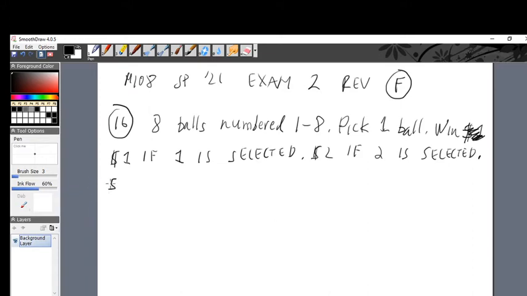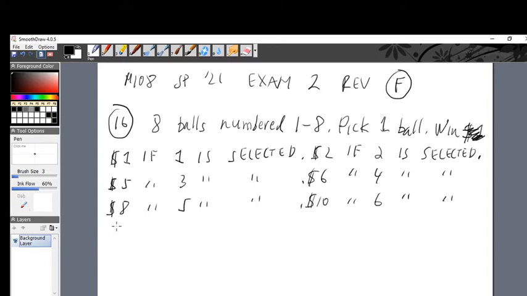I'll put $5 over here if 3 is selected. Then $6 right over here if 4 is selected. Then $8 over here if 5 is selected. $10 if 6 is selected.